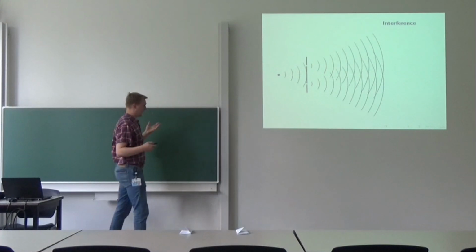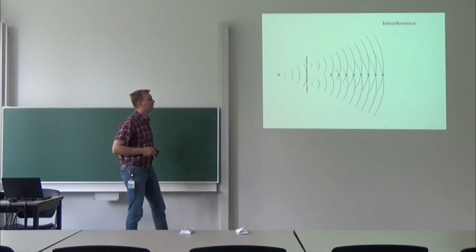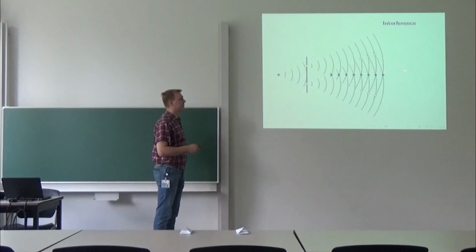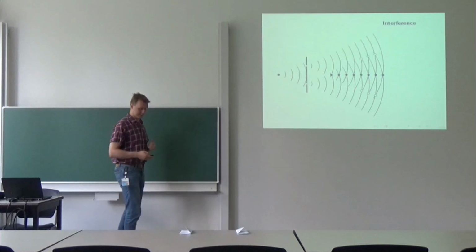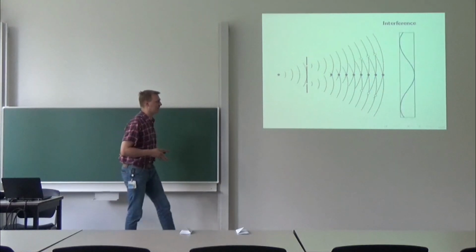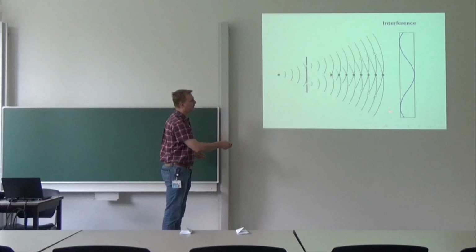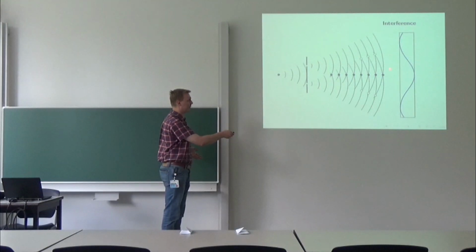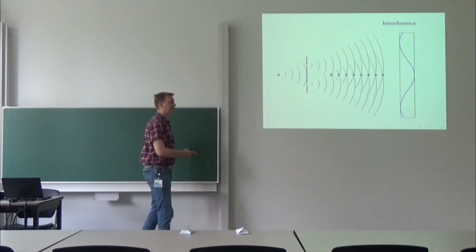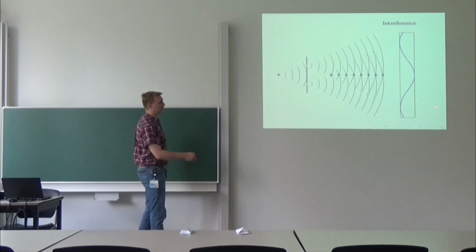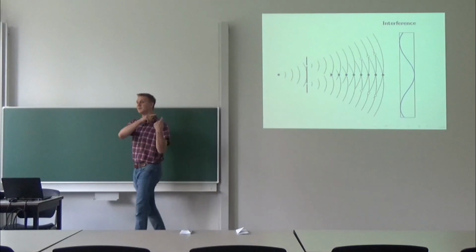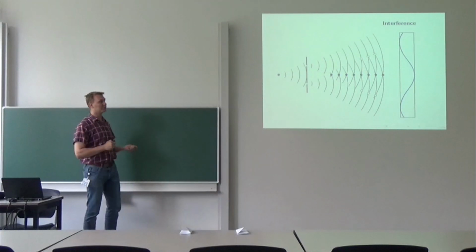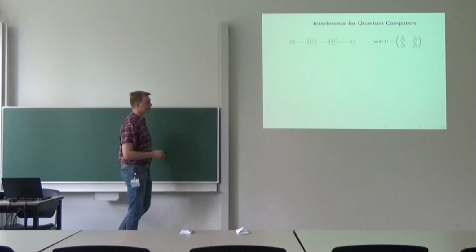And these waveforms spread out, and at some point they start enhancing each other or canceling each other. And this phenomenon is exactly interference. If you would look at the amplitude of the wave at this point, you have a very large amplitude where the waves interfere constructively, and a very low amplitude where the waves interfere destructively. And this is exactly the principle that quantum computers exploit.